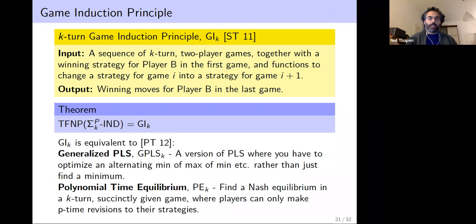And usually the Nash equilibrium is some kind of local thing where neither player can improve their strategy. And this is a version of this where the players are only allowed to make polynomial time revisions to their strategies. So it's not that they can't improve it, but that there's no improvement they can find in polynomial time. So for a k-turn game, this is equivalent to these principles again.